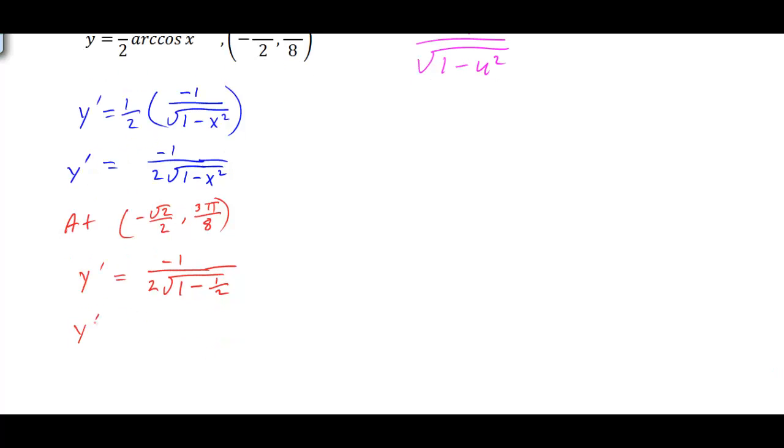All right, and then if we simplify this further, we're going to end up with 1 minus a half, which is 1/2. So we have the square root of 1 over 2. So the square root of 1 is simply 1, and then we're left with the square root of 2. So we have 1 over the square root of 2.